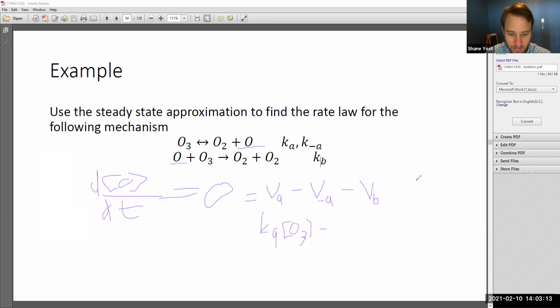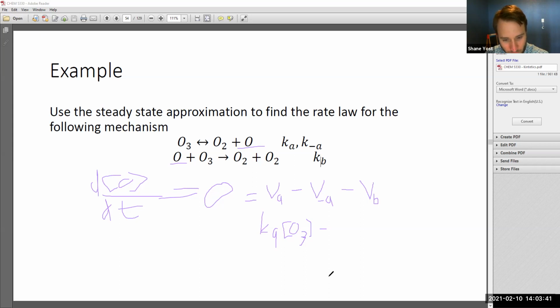Then you can use that to solve for the concentration of your intermediate O in terms of concentrations of O3 and O2, which are reactants and products in your mechanism. Those are things that we can typically measure and have concentrations that are not extremely small, like intermediates can be.